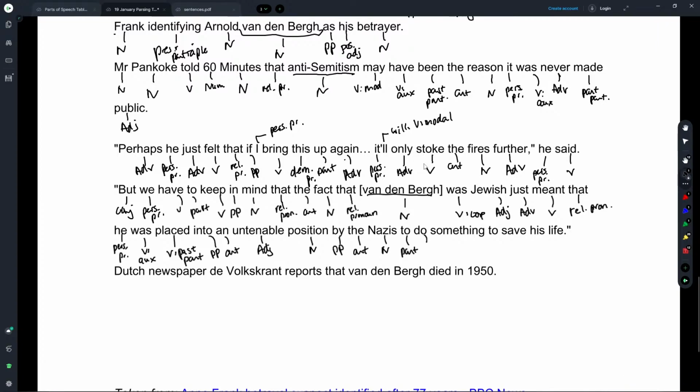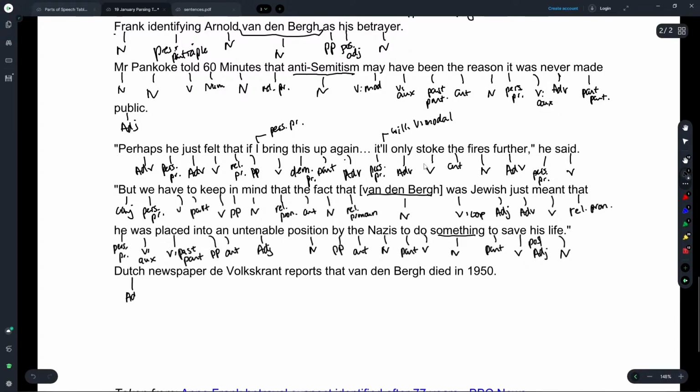Do is of course an infinitive, and because we have the infinitive we need to have the particle to, and then do is our verb. Something, noun, to, particle, save, verb, his, possessive adjective, and life, noun.